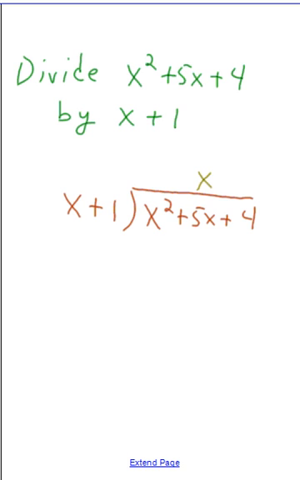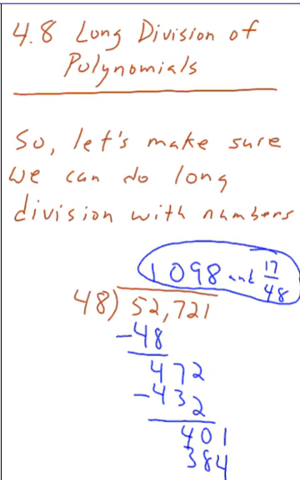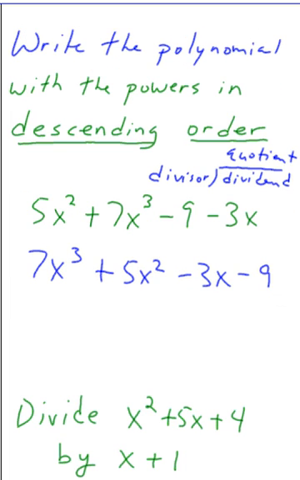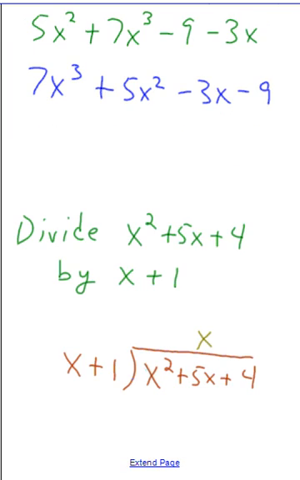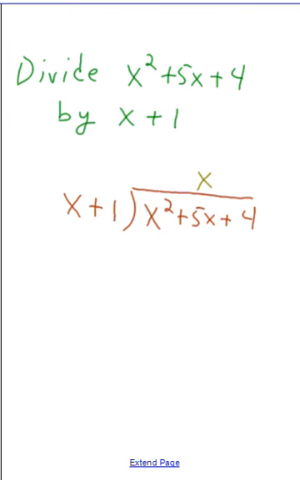Now, what did I do when I said how many 48s go into 52? I said there's 1, and I multiplied 1 by 48 and put it underneath. That's what I'm going to do here as well. I multiply the x by the x plus 1, and I get x times x squared plus x times 1 is x.